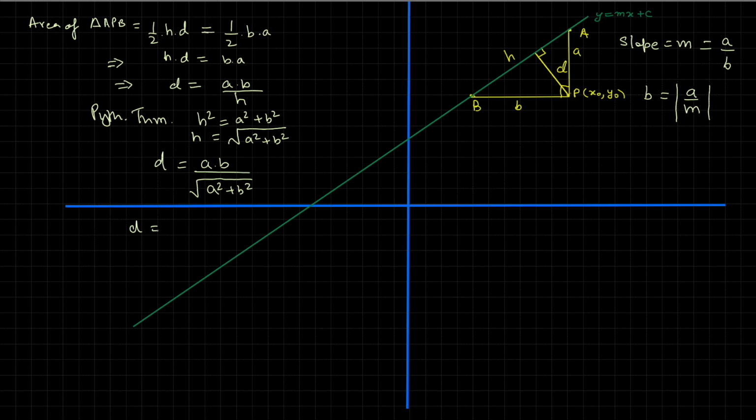So d becomes a times a divided by m, divided by square root of a square plus a square by m square.